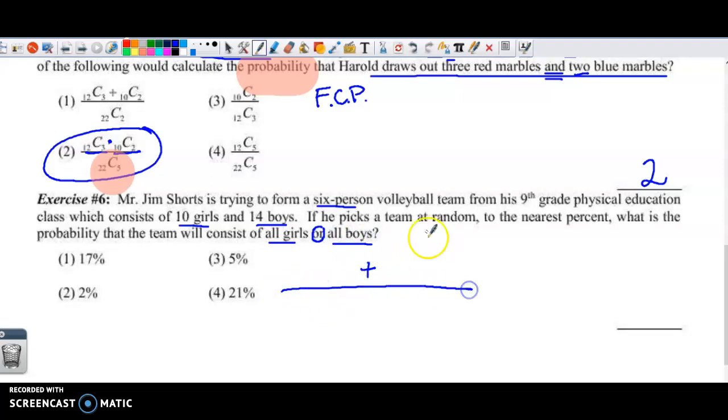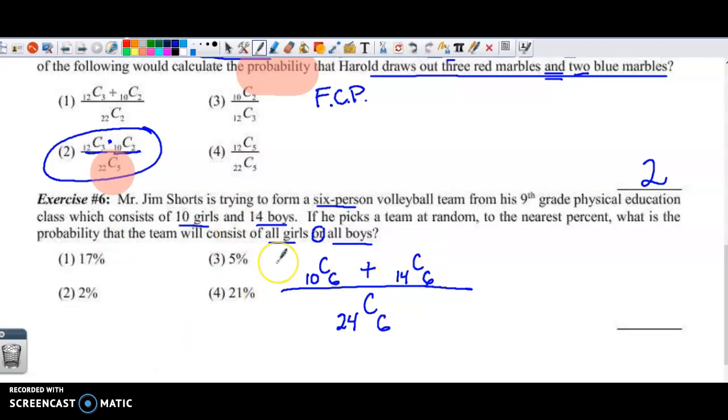So our sample space is we have 24 total. And we're trying to choose, and again, the order doesn't matter. Who cares if you're the first on the team or the 6th person on the team? We're doing a combination. But of the possibilities, we could have 10 girls to choose 6, or our plus sign, we have 14 boys to choose 6.